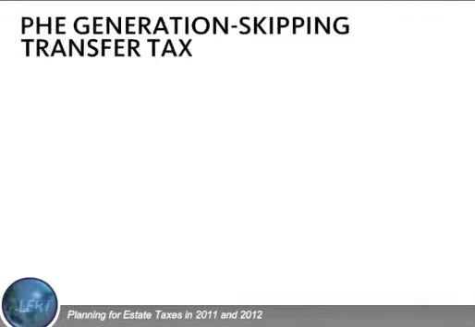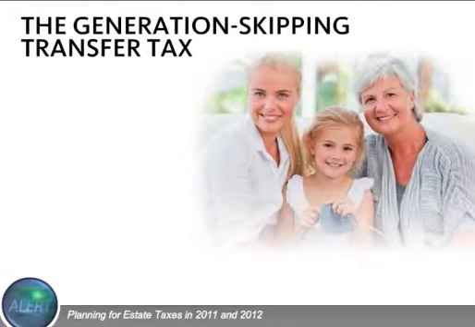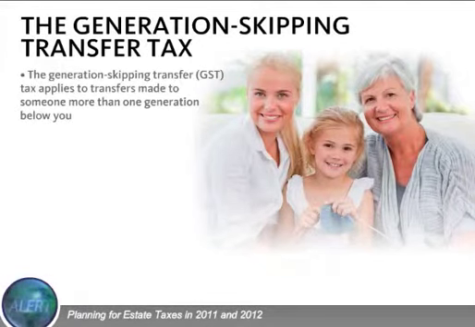The third piece of the transfer tax system that we need to mention is the generation-skipping transfer tax. In the world of estate planning, someone who is more than one generation below you, for example a grandchild or great-grandchild, is referred to as a skip person.